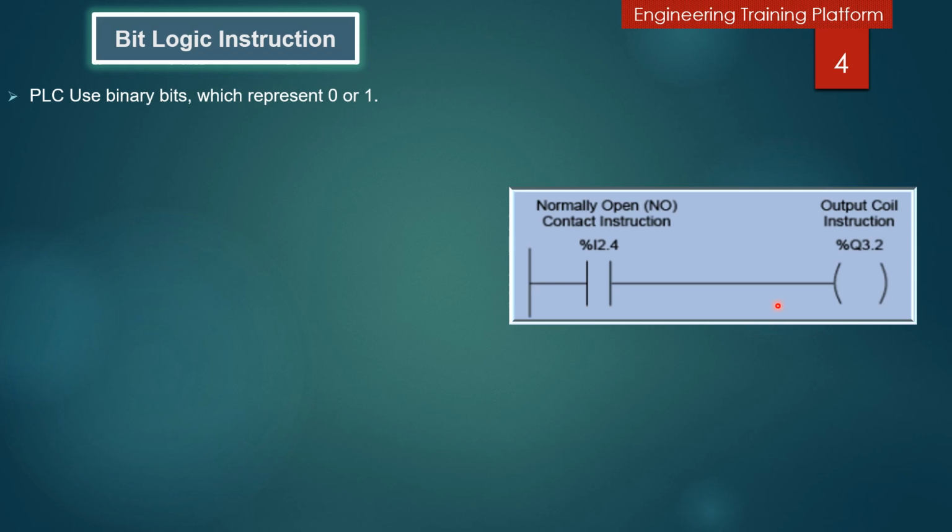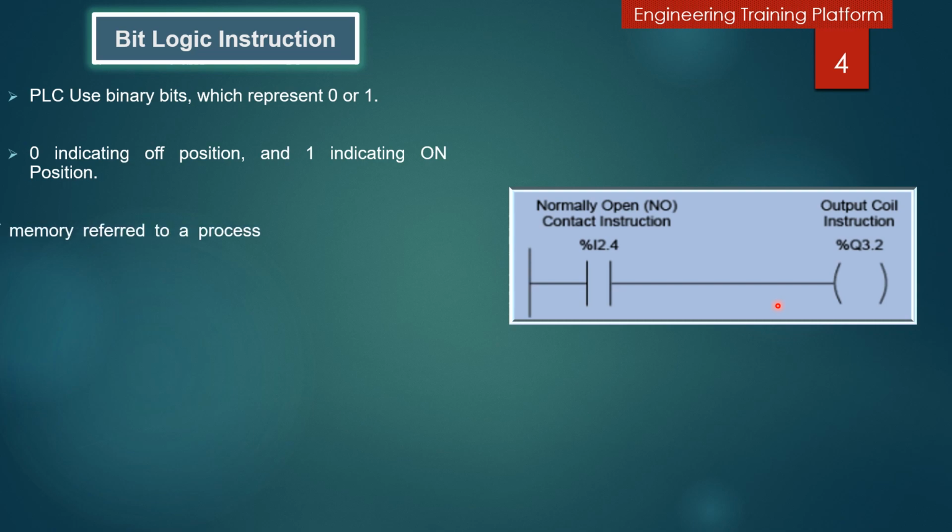PLCs use binary bits which represent 0 or 1. 0 indicates the off position and 1 indicates the on position. There is a portion of memory in the CPU referred to as the process image.